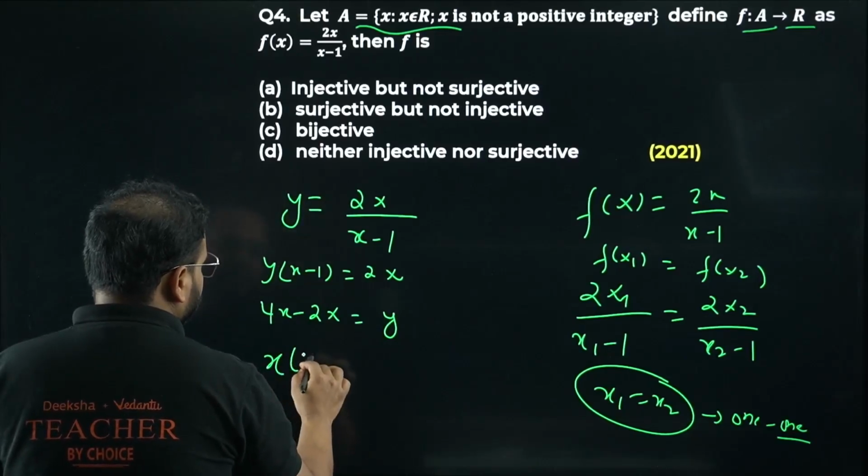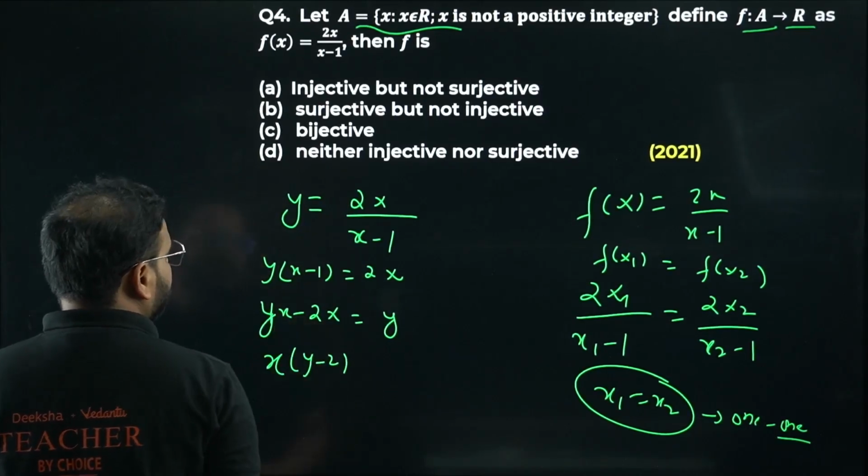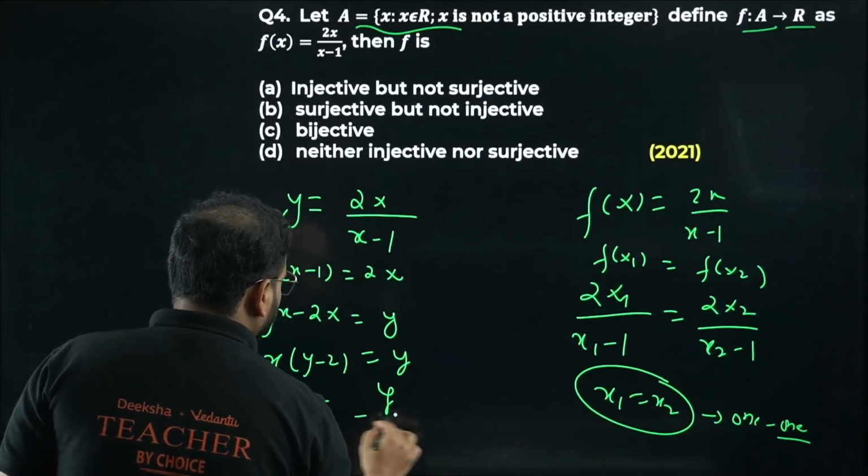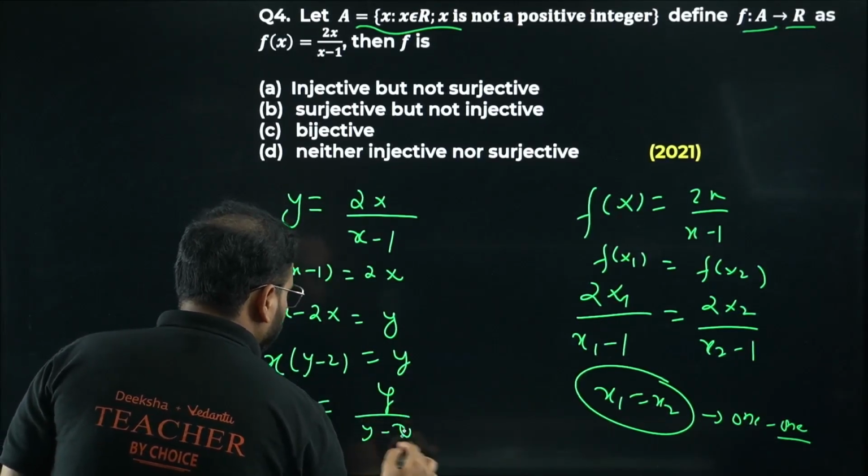I can take x common: x times (y minus 2) equals y. It means x is going to be y upon y minus 2.